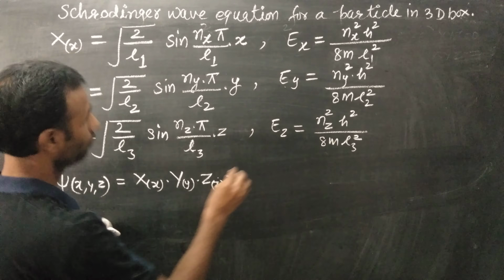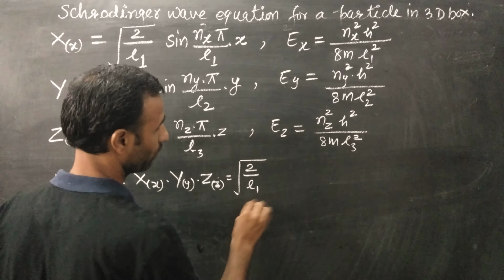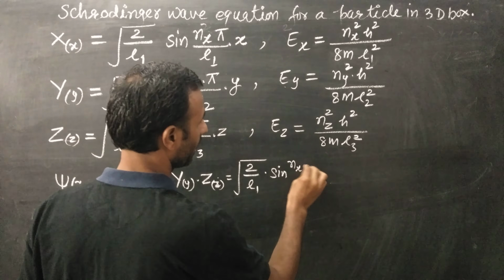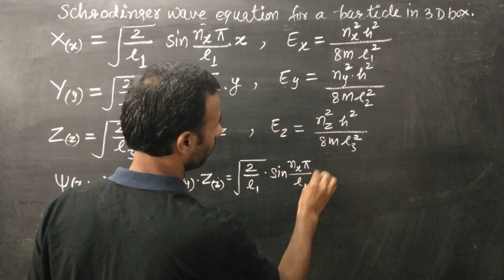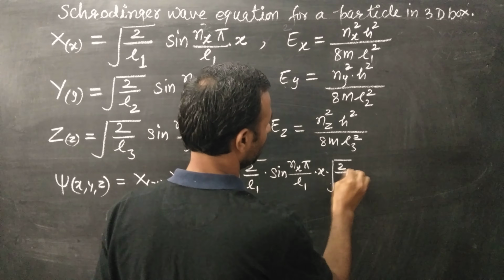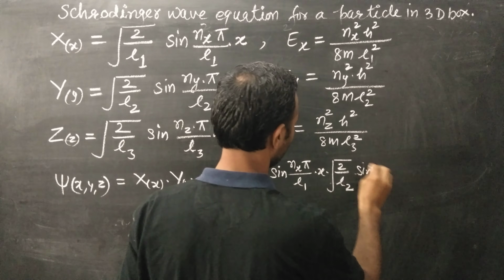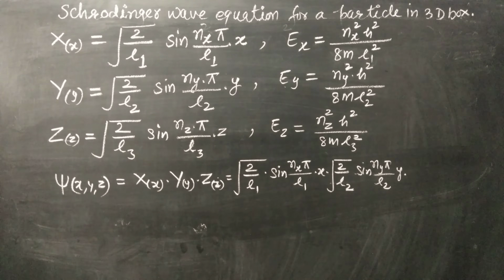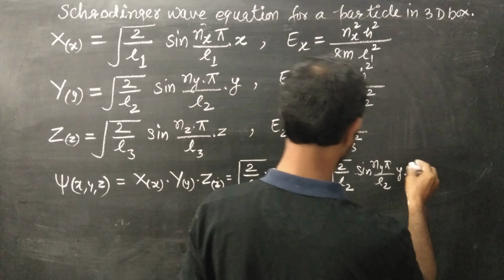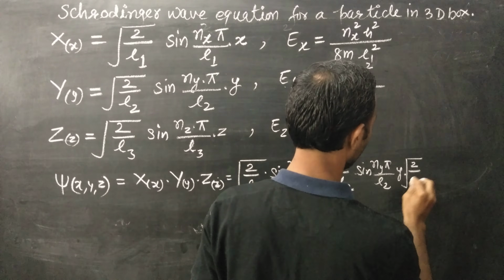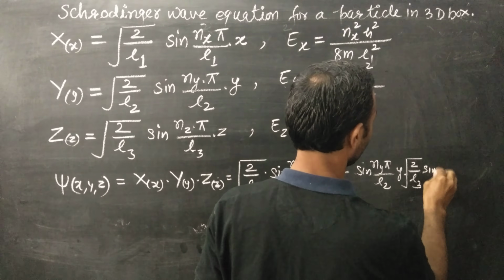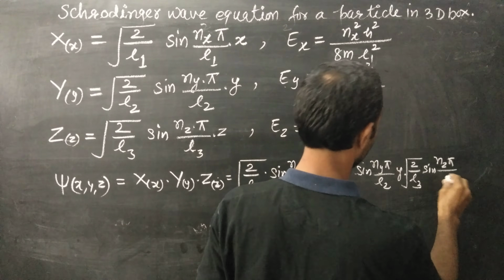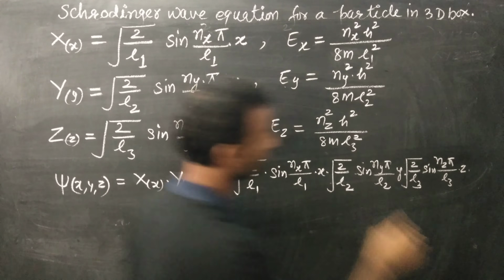So that is equal to under root 2 by L1 into sine n_x pi upon L1 into x into under root 2 by L2 into sine n_y pi over L2 into y, and the last one is under root 2 by L3 into sine n_z pi upon L3 into z. Is it visible?